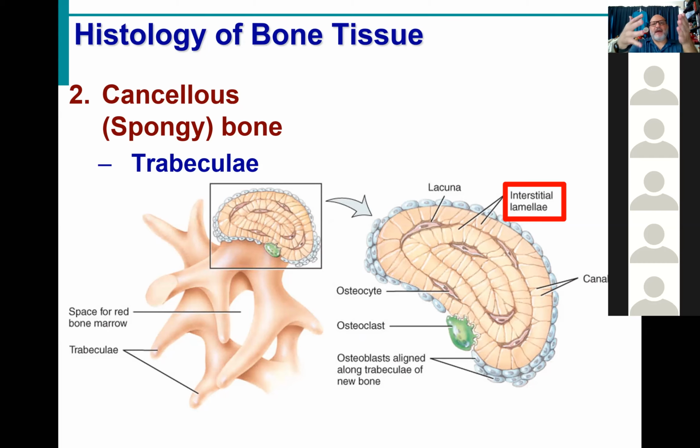And if your job as a healthy adult organism is to maintain homeostasis, what should the two rates of those processes be? 1 to 1? Yeah, 1 to 1. So the same rate that you're making new bone matrix, you should be breaking down the matrix, and so you maintain level amounts of bone matrix.